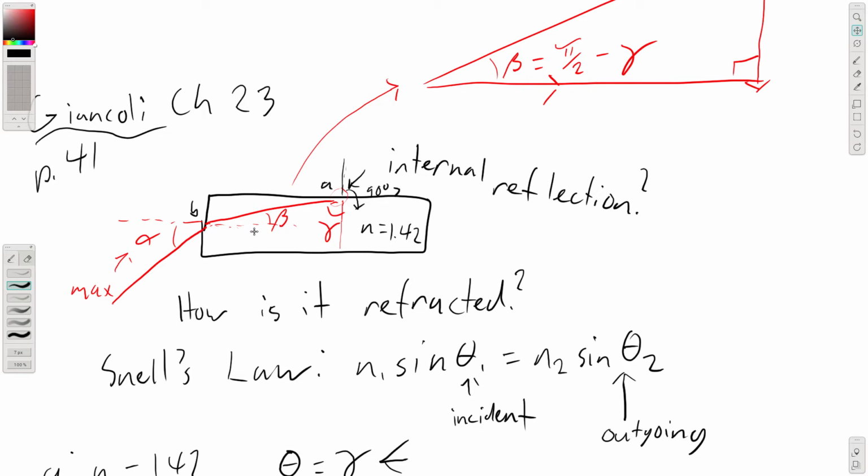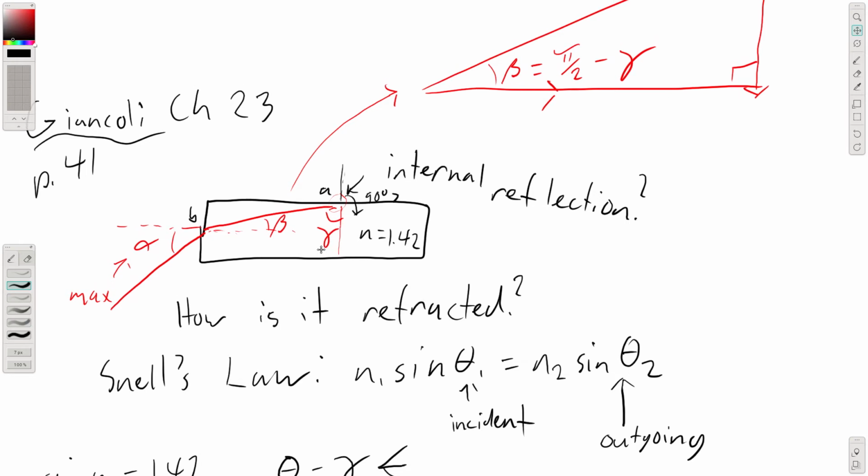It will refract and then bounce off the walls of the cladding. So what we actually discover is that for this material, if light comes in at 90 degrees and then maybe goes down to like 80 degrees or something, at 80 degrees, our angle alpha is going to be smaller, which means beta is going to be smaller, which means gamma is going to be bigger. And if gamma gets bigger, that means that we go even further than 90 degrees. Again, I'm going to restate that just to emphasize.